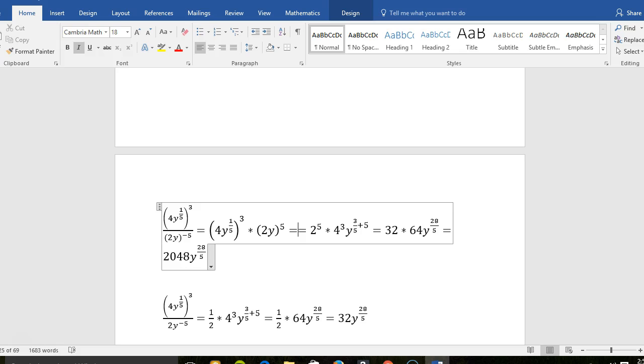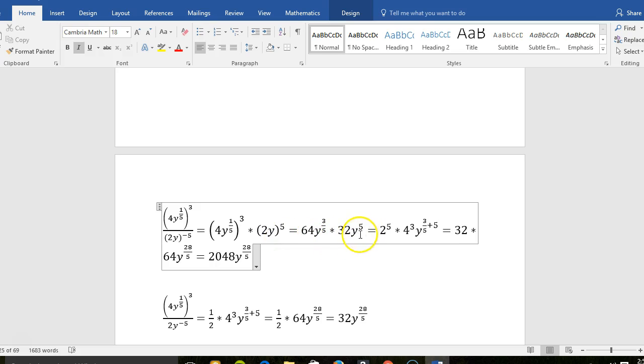Now, if you cube all this stuff right here, you get 64y to the power of 3/5. And then times, now if you raise this stuff to the 5th power, well, 2 to the 5th power is 32. Now, y to the 5th power is just y to the 5th power.